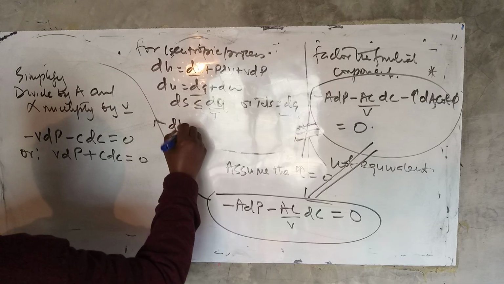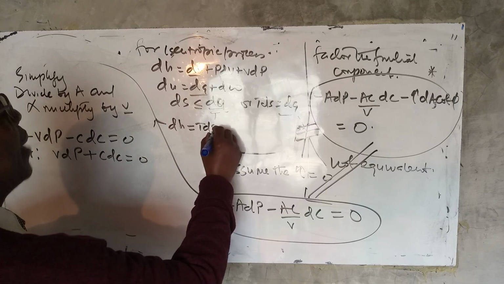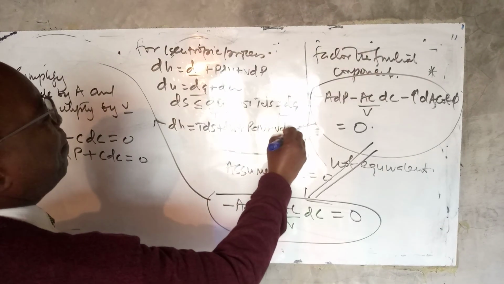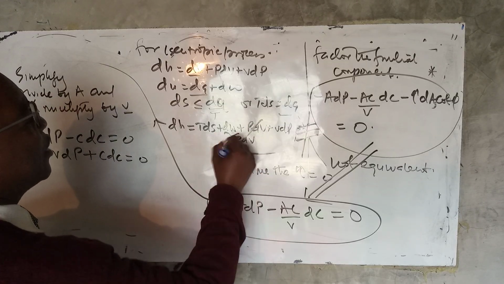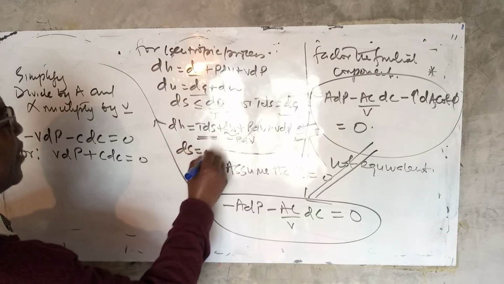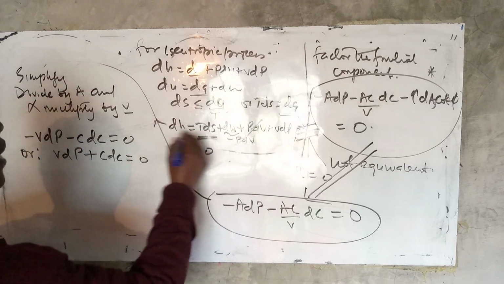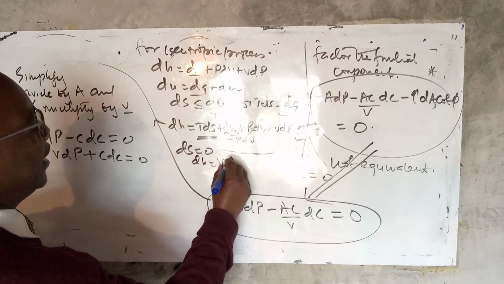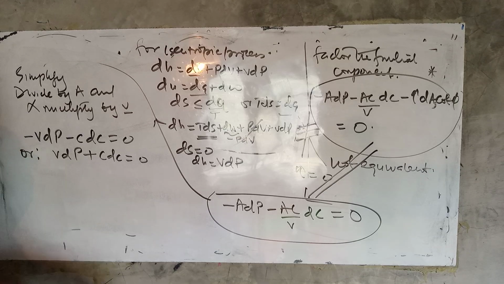So we have dH equals T dS plus dw plus P dV plus V dP. Remember that? And what is this quantity? It is minus P dV. So these two will cancel. And if you are dealing with an isentropic process where there's no change in entropy, then you notice that in that particular case, T dS will be 0. So dH will be equal to V dP. So that V dP is dH.